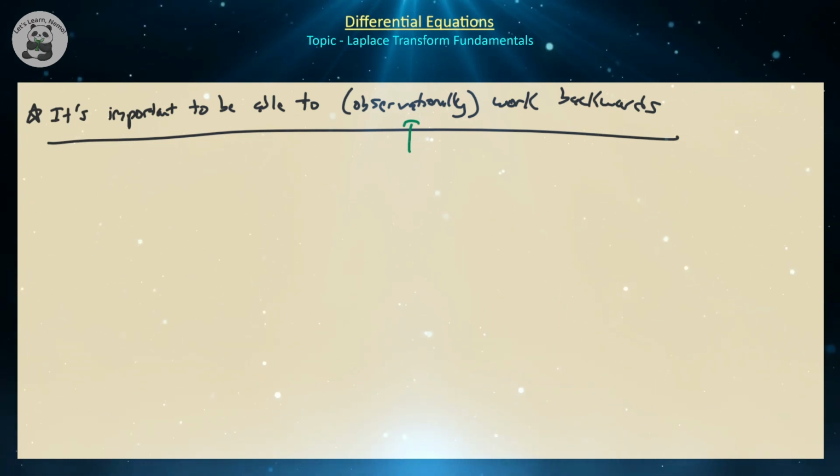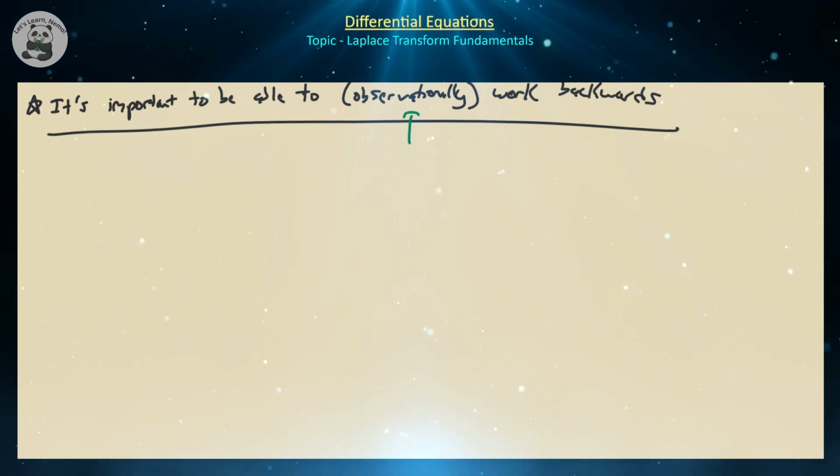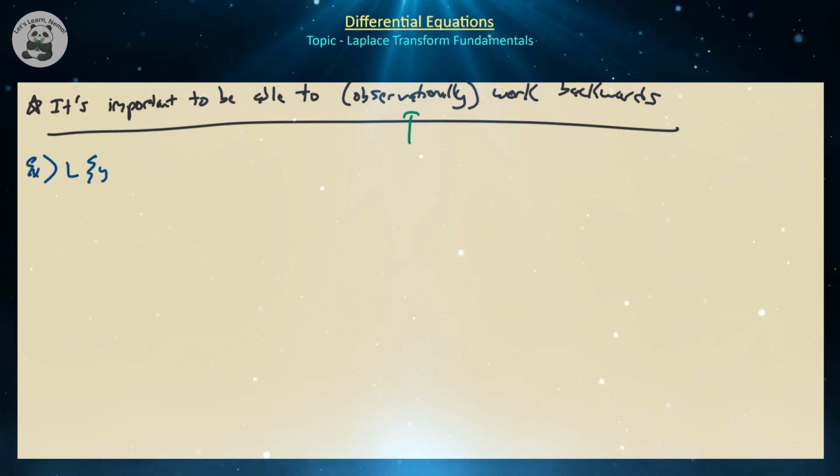But if I give you an arbitrary function in the frequency domain and ask what the original function is, generally speaking, it's not that easy to do. So what I want to do is work through just one example, to get your basic intuition of what's going on here.